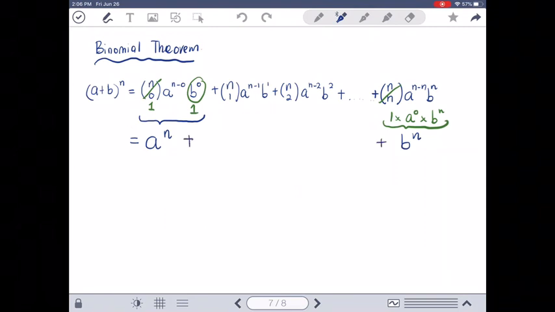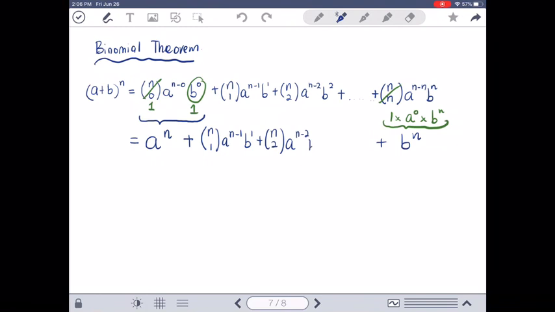And the middle term is always the same. So we have the first term a to the power of n. The next one should be nC1 a to the power of n minus 1 b to the power of 1, plus nC2 a to the power of n minus 2 b to the power of 2, plus, with the pattern going on until you see the last term.